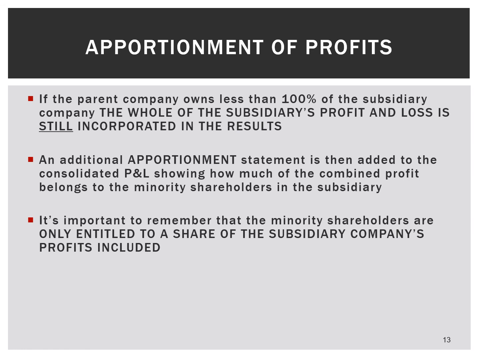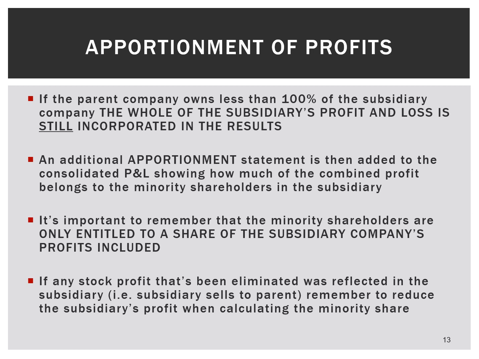And that brings up another important point. If you need to make an adjustment to the closing stock value and the profit that you're eliminating originally appeared in the subsidiary company's accounts, then that profit that's been eliminated needs to be deducted from the subsidiary company's profit shown in its own accounts before working out the minority share.